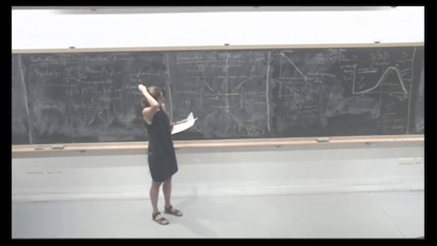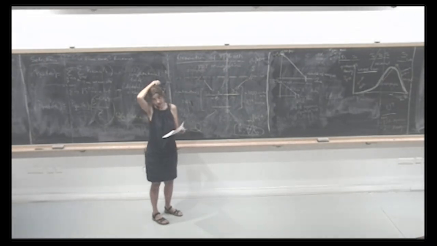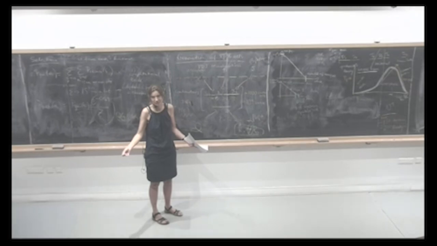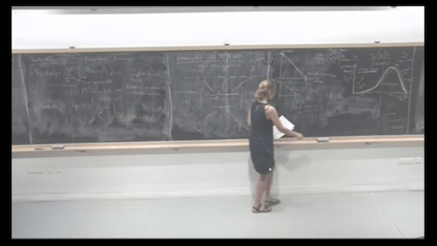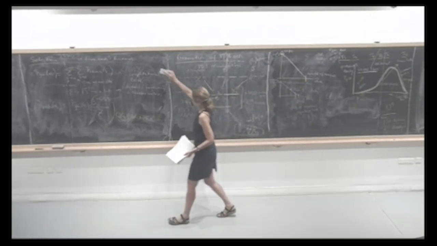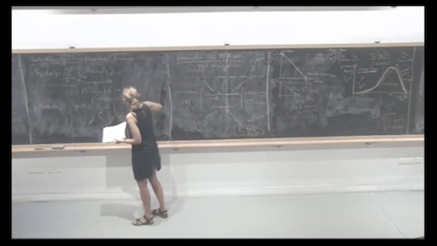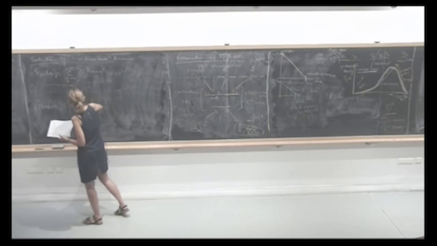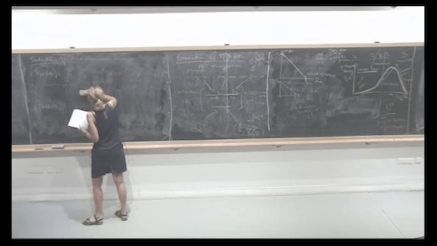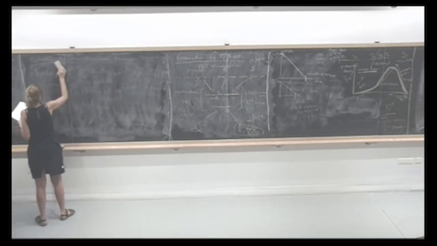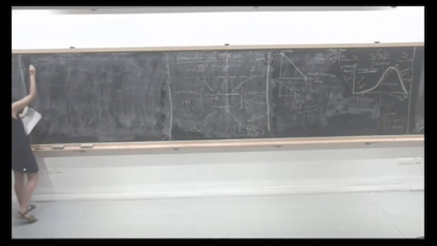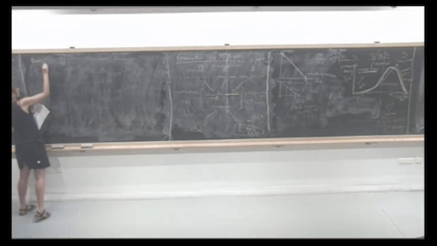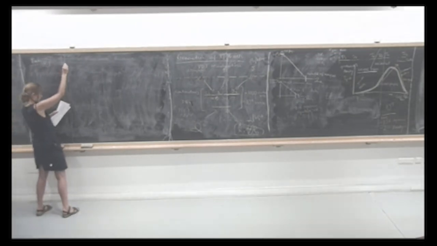Okay, so one way we know how to quantify diversity is entropy, right? So that's what I'm going to do. So this is Shannon entropy.